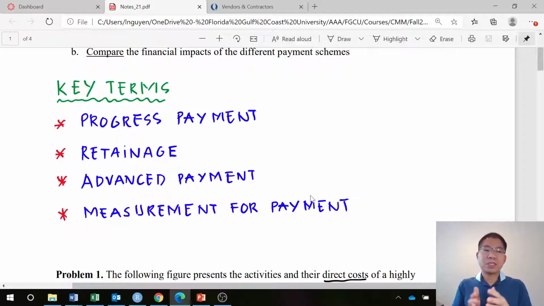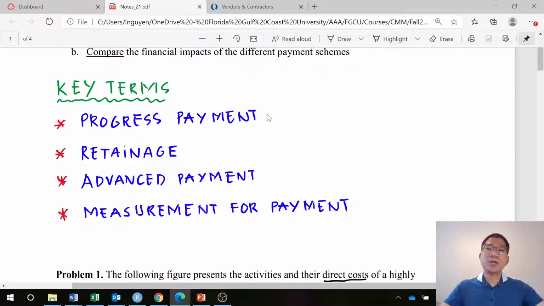So when the project can be completed in 2, 3, 4, 12 months or several years, every month typically the contractor submits the payment requests, and then the owner, after 1 or 2 months, depending on how the contract specified, will pay that progress payment.